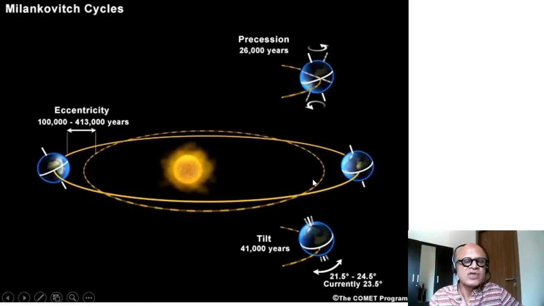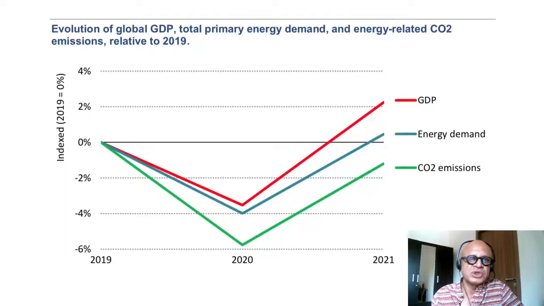So currently we are in a more circular orbit, which means the radiation received doesn't change that much throughout the year from the distance itself. But the tilt changes the seasonal distribution hemispherically. So in this configuration, the interglacial periods tend to remain longer, and then there is the carbon cycle perturbation.